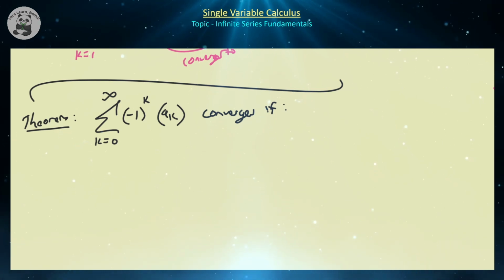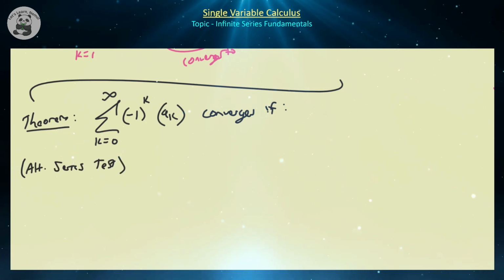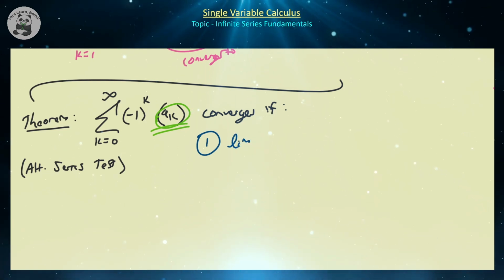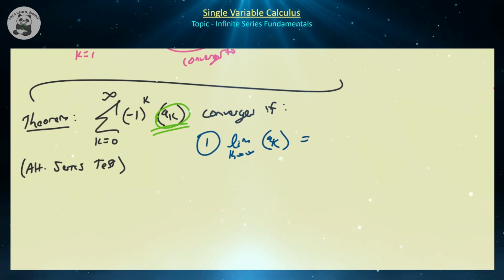We can actually tell when an alternating series converges, and some people call this the alternating series test. The only thing we need to look at is this term a_k. The first requirement is that the limit as k goes to infinity of a_k must be equal to 0.